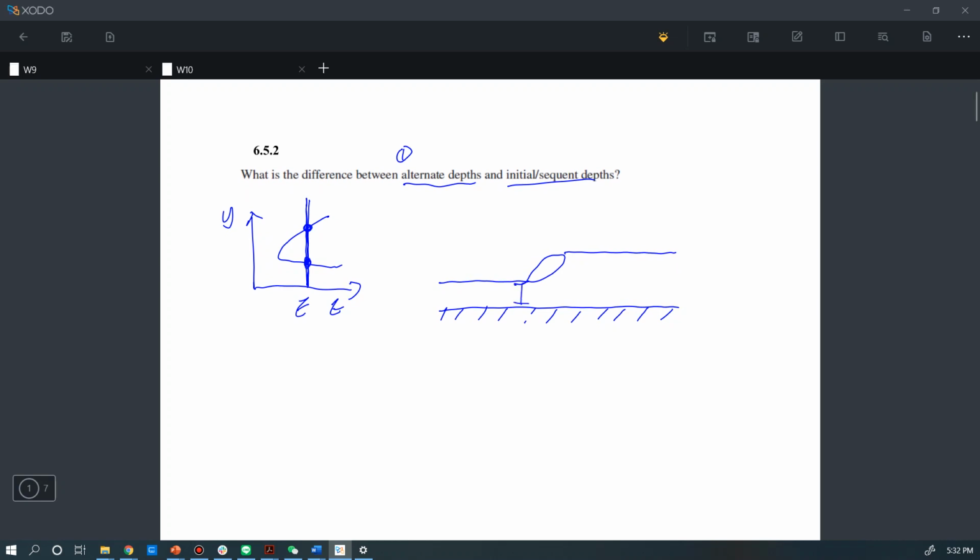So this depth is the initial depth, and here is the sequence depth. So that is the alternate depth and the initial and sequence depths. Let me number this 2, number this 1.